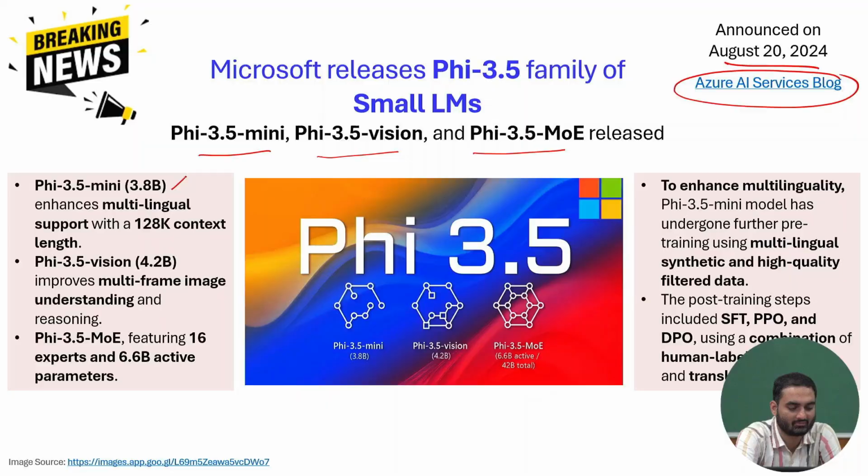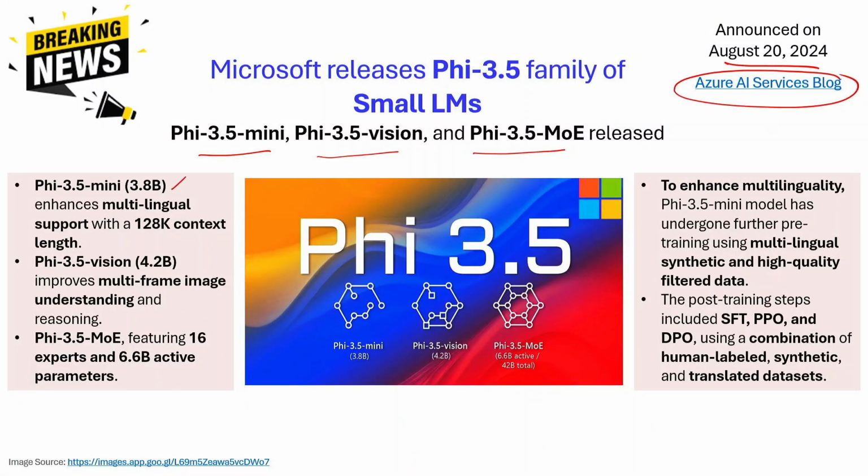The 3.5 mini version is specifically designed for handling multilingual text with 128K context length. 3.5 vision is a 4.2 billion parameter model. These are all small models. These basically improve multi-frame image understanding tasks, and the 3.5 MoE, right? This basically features 16 different experts, and this is a 6.6 billion parameter size model. Okay.